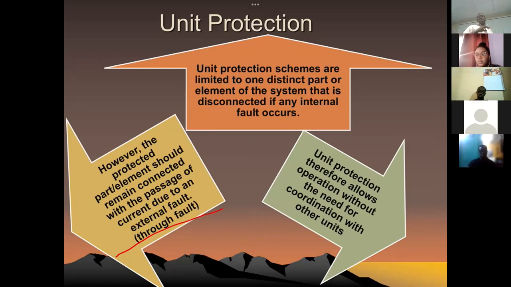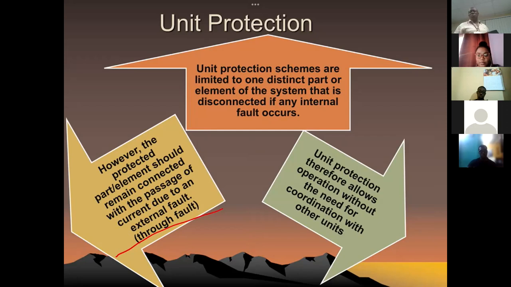For the unit protection, it is quick. There's no need for coordination. But one of the key requirements is that they must be able to allow operation to continue if the fault is external.